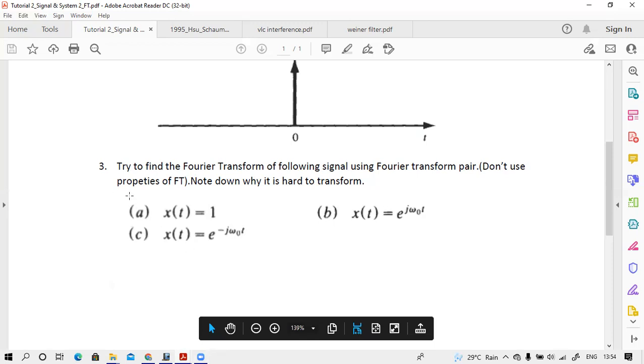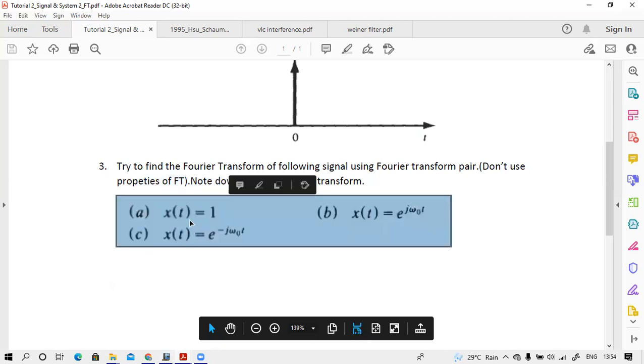So we will take this question first. We have a function xt equal to 1.